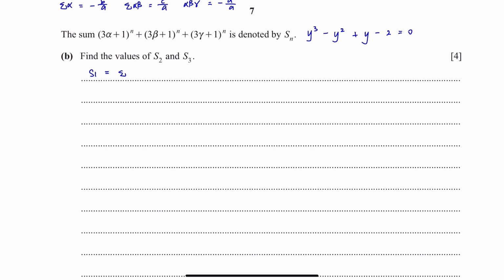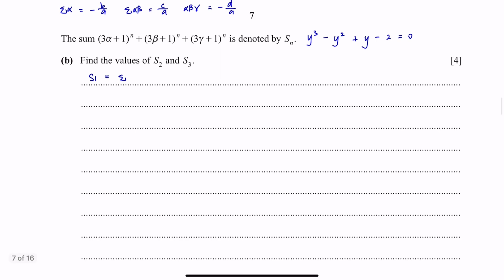So this is the equation, and the sum of 3 alpha plus 1 is basically 1, because the roots are already in this form. Okay, so S1 is 1.